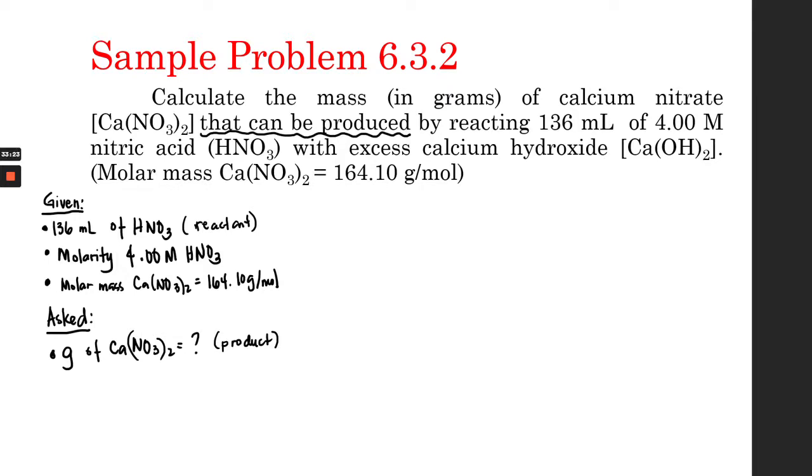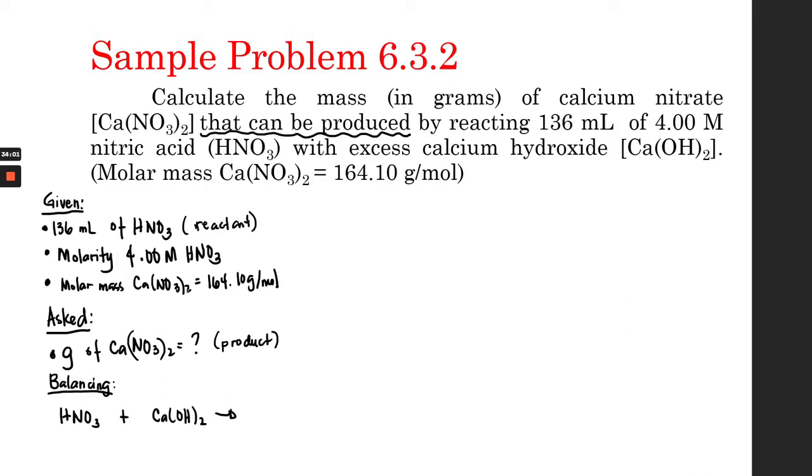Okay, so let's begin by first balancing your equation. So we have to write the equation. We know that one of our reactants is HNO3, and it reacts with calcium hydroxide, Ca(OH)2.